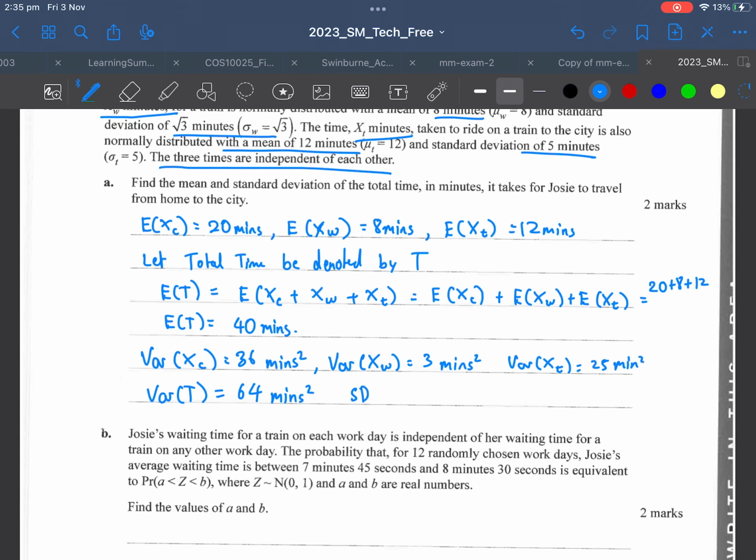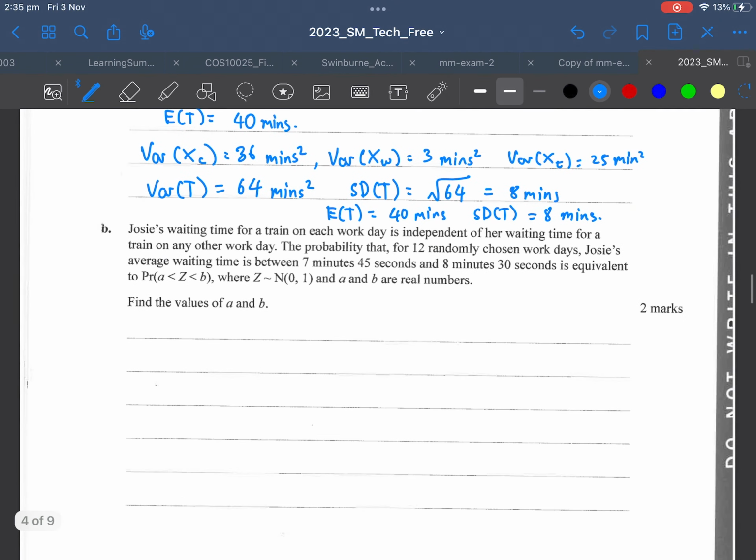So our standard deviation of t would just be the square root of 64, which would be 8 minutes. So E of t equals 40 minutes, and standard deviation of t is going to be 8 minutes. Alright, so that's how we do this, and let's move on.